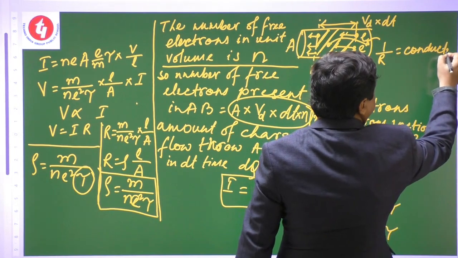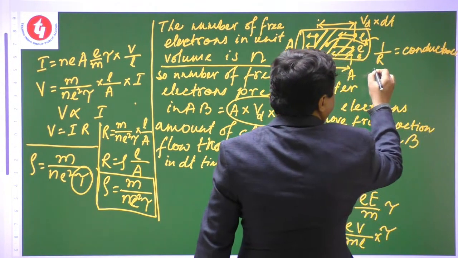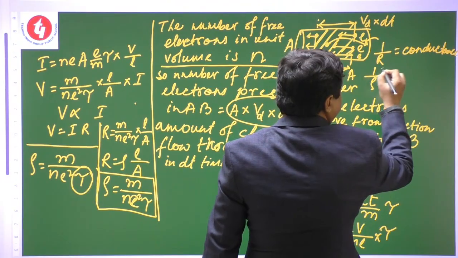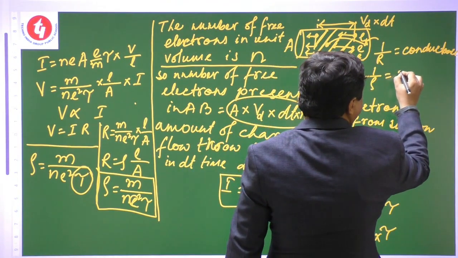And 1 by rho, 1 by resistivity, is called conductivity.